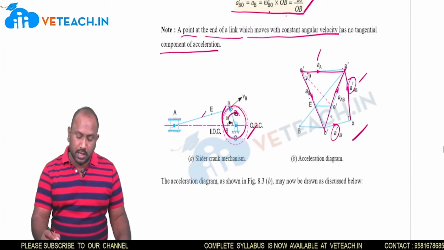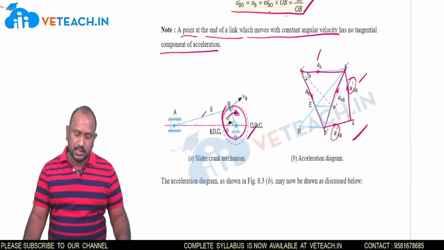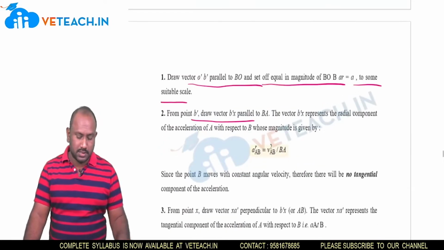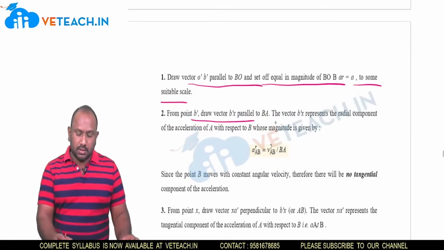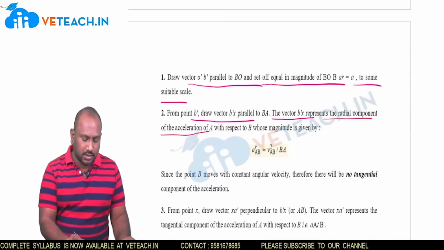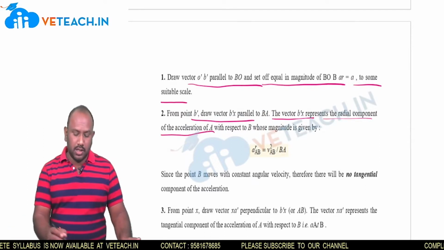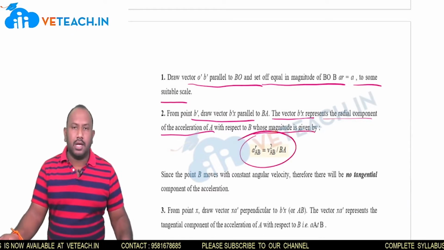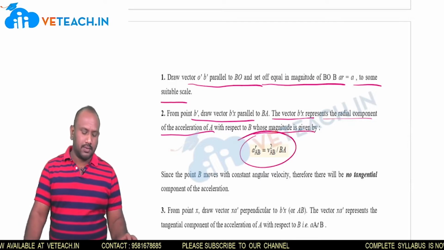So this is the BA. We are going to draw this B dash X. By this we are going to get both the tangential and radial components. The vector B dash X represents the radial component of the acceleration of A with respect to B, whose magnitude is given by a R AB equal to V square AB by BA, as we discussed.